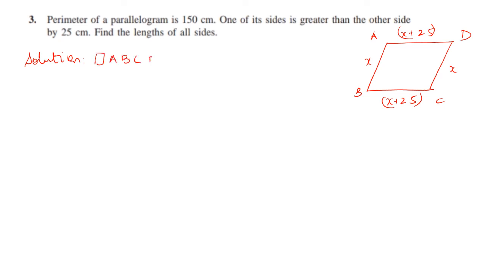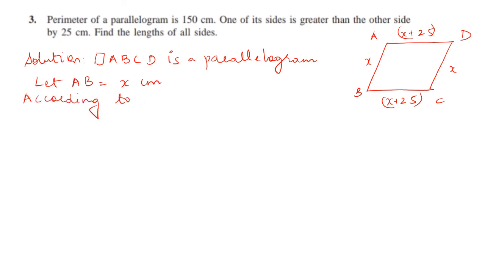ABCD is a parallelogram, that is given. Let AB be equal to x centimeters. Therefore, according to the given condition, the other side BC would be x plus 25 centimeters.